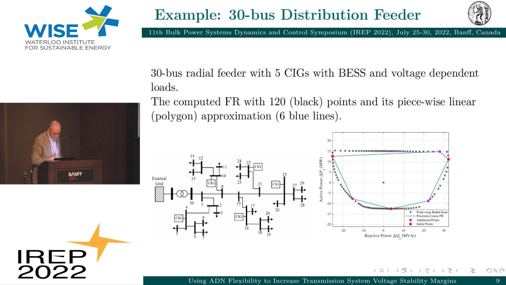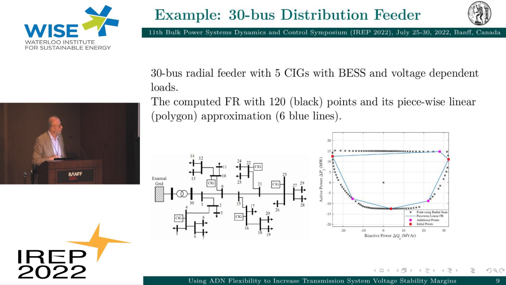So the initial triangle are the red dots. So I take this one, maximum P, minimum, maximum Q, minimum Q, this one here, and maximum P, the other one. And this is the first triangle. Then we find one by one the other points, which are the purple ones, and we form this irregular polygon, which is an approximation of the flexibility region.